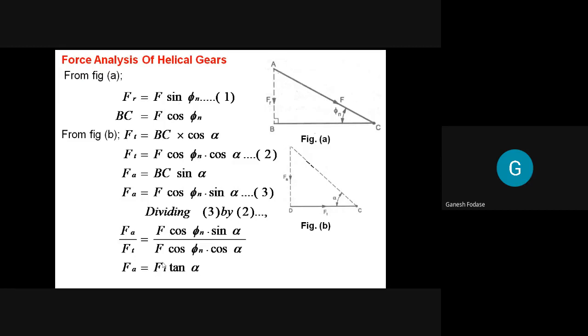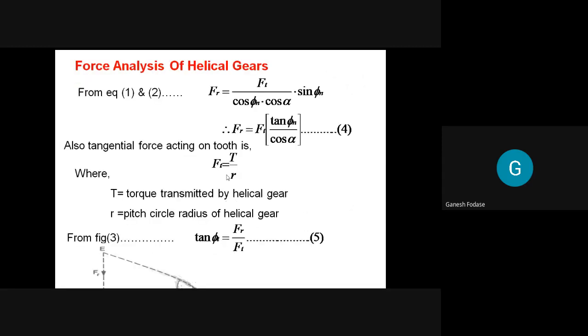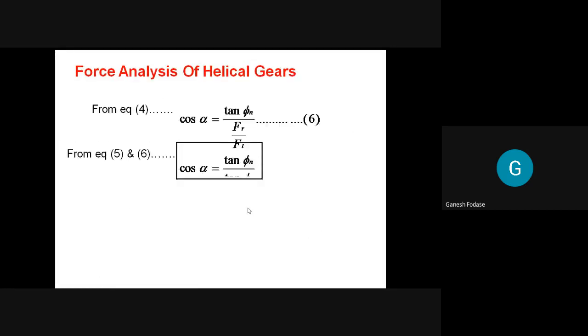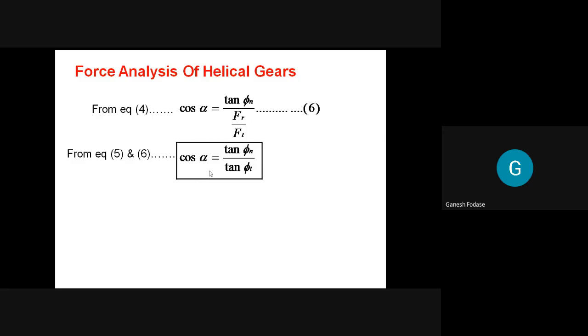Then we also see another expression, Fa is equal to Ft tan alpha, the relation between Fa and Ft. Then we know, of course, Ft is equal to T upon R, and the relation between Fr and Ft. In terms of these, finally, we can prove that cos alpha is equal to tan phi n upon tan phi t.